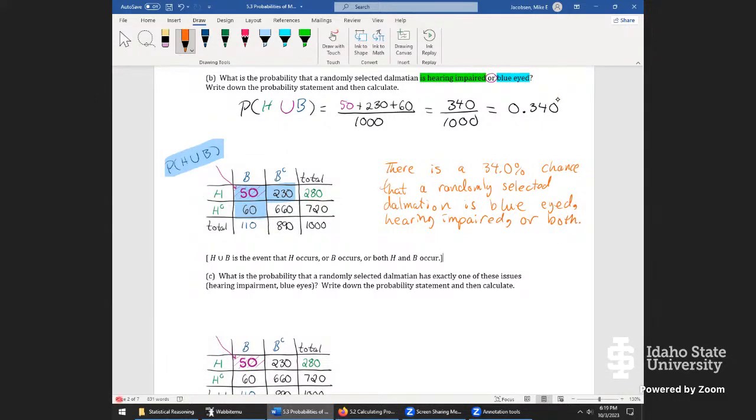Again, blue-eyed is not necessarily a good thing. They're kind of mentioning that might be a vision anomaly for Dalmatians. I wouldn't know for sure on that. Any questions, folks, on getting through this one?